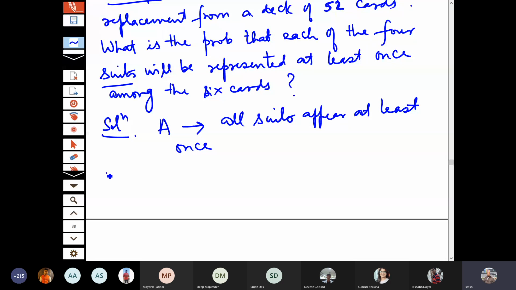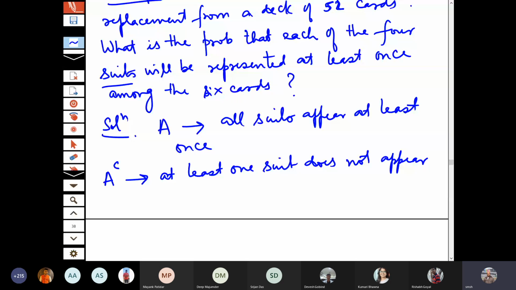Instead, we can have a simpler formulation by considering the complementary event. A complement is that at least one suit does not appear.